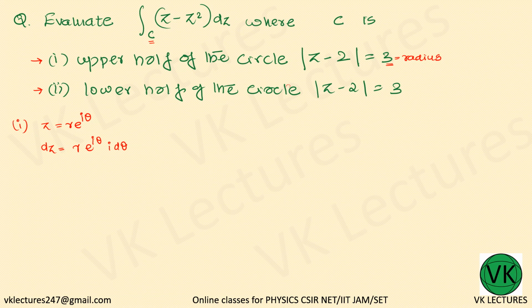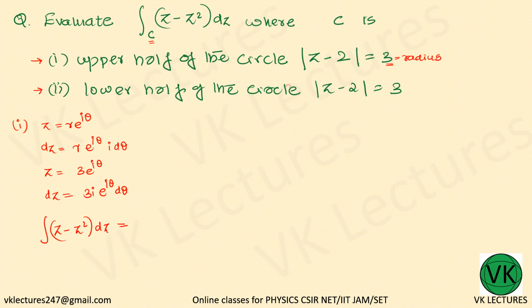Okay, now what is r equal to? Radius equal to 3. So our z value is equal to 3 e to the power i theta, and dz is equal to 3i e to the power i theta d theta. Okay, now the integral is along the curve C, z minus z square dz.